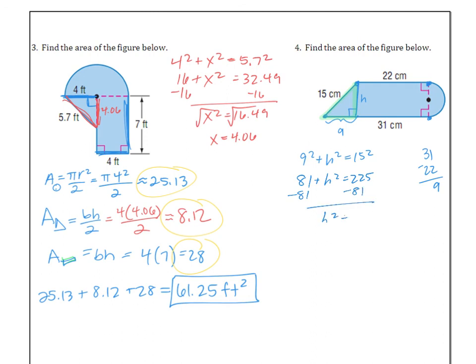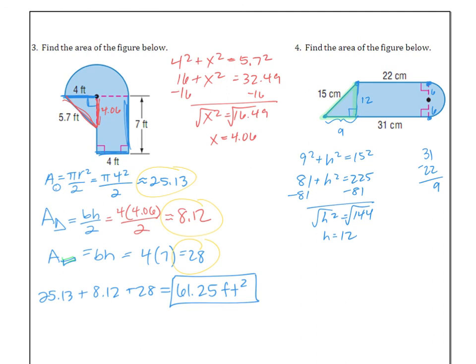H squared ends up being 144. Haha, this is going to be a nice number. It's 12. So I'm just going to erase this h, maybe erase this h, and it is 12 here. That's awesome because that means over by the circle it's also 12, but I'm going to divide it into a 6 and a 6.